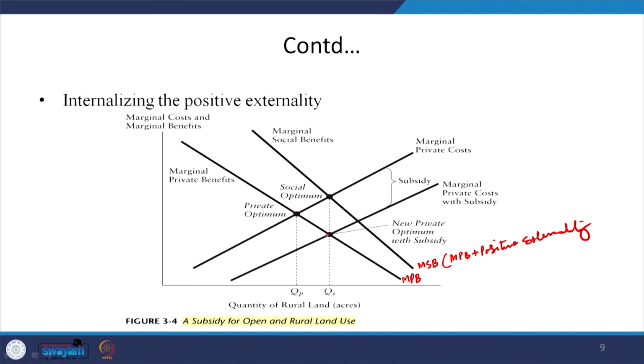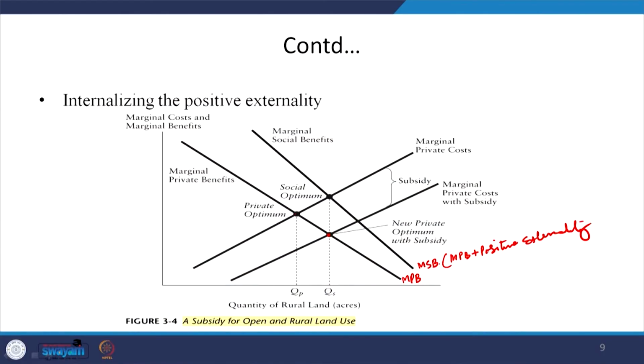This point is where the subsidy is given, and a subsidy may be given by the government to promote green products, to generate social welfare in the economy. For example, the government can provide a subsidy on organic farming, and that will generate a positive externality.